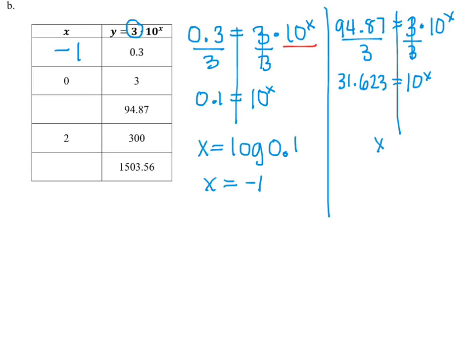And then I can say x is equal to log of 31.623. When I plug that into my calculator, I get that x is approximately 1.5. It's 1.5 and then a bunch of zeros and then another number. So I'm just going to say 1.5.